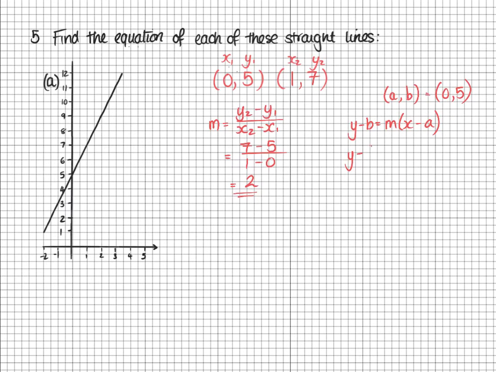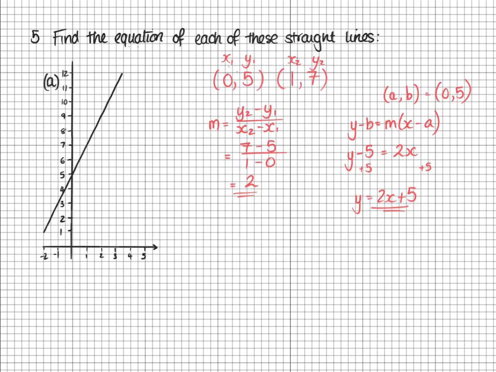So we get y take away 5 equals 2, and then here, because that's 0, it's just going to be 2x. So we add 5 to both sides and we get y is equal to 2x plus 5. Again, double check that we've got it right. That plus 5 is our y-intercept, isn't it? And it's intercepting the y-axis at 5, so we're good.